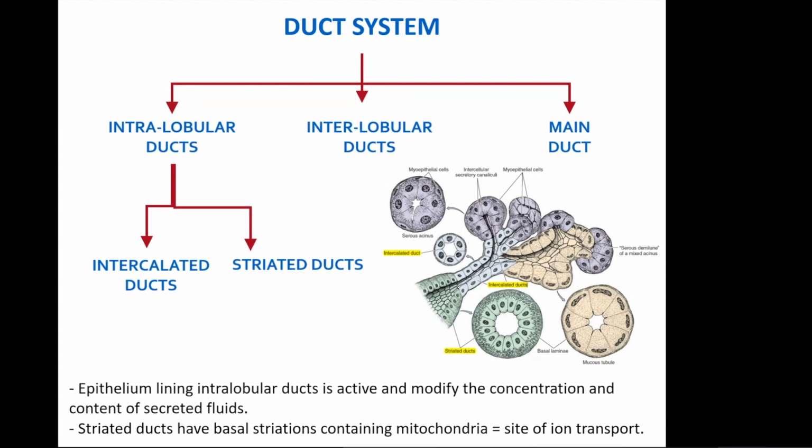So before we start talking about the glands, which is pretty easy, I would like to show you these kinds of ducts. We have ducts inside the lobule itself, and we have ducts between the lobules, and we have the main ducts. And of course, we have ducts between lobes as well.